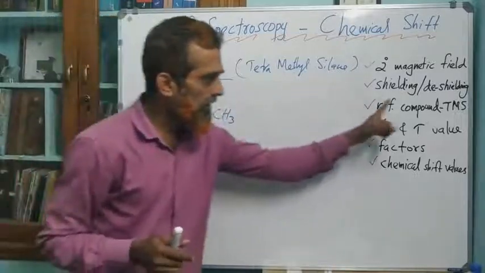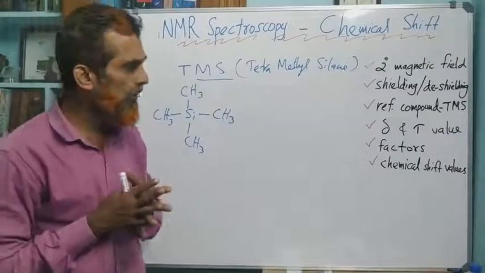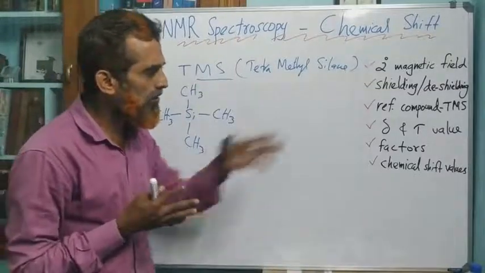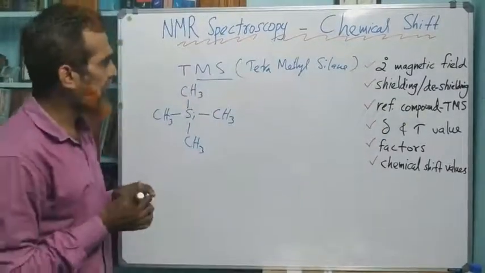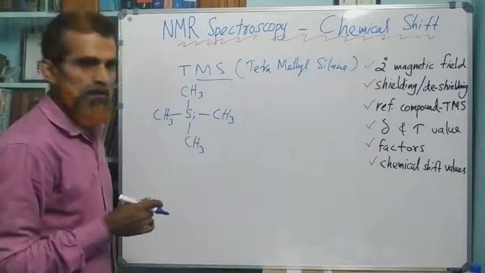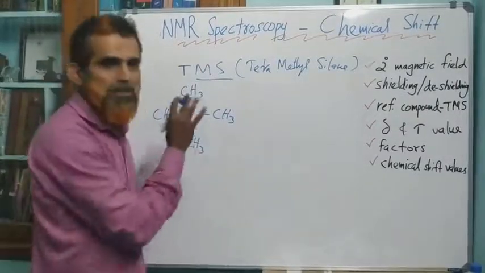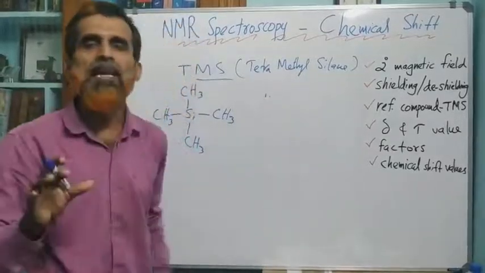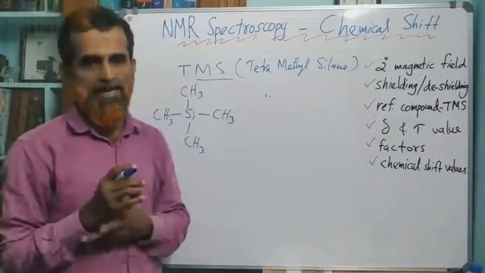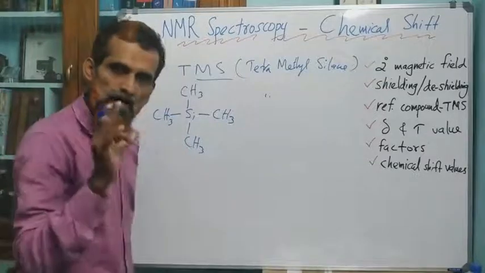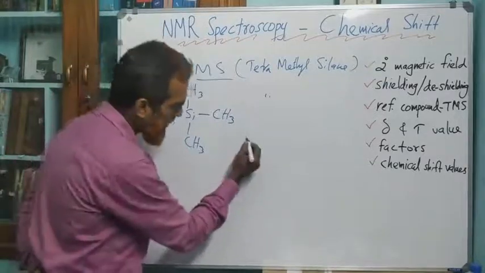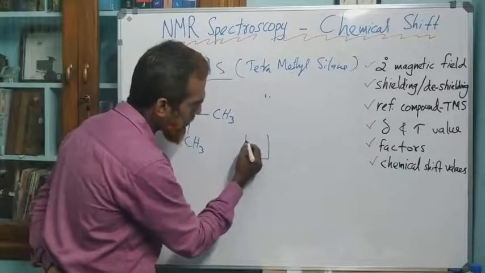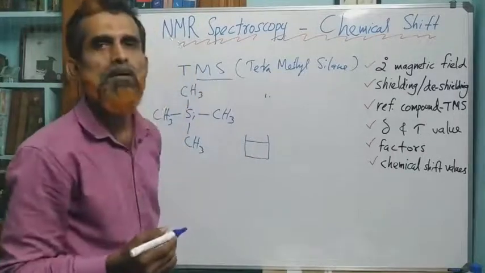TMS is called a secondary reference standard. It's a secondary reference compound because we are taking it for a relative purpose. The advantages of TMS: one, it is chemically not reactive. See, when we carry out the NMR technique, we will make a solution of the compound to be analyzed.